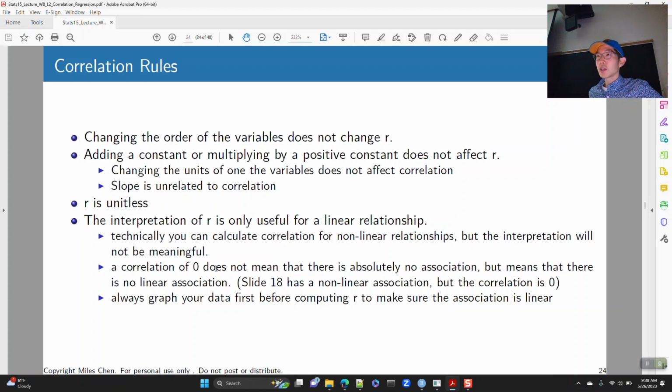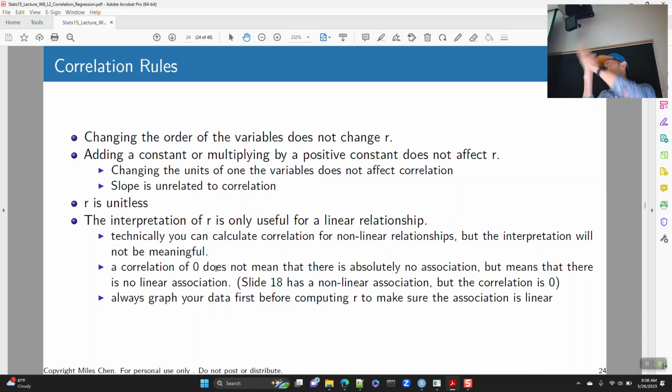So if you multiply by a positive constant, or you add some kind of value, like converting from Fahrenheit to Celsius, which involves subtracting 32 and multiplying by 9/5. To convert from inches to centimeters, you multiply by 2.54. Doing any of these things is not going to change correlation.